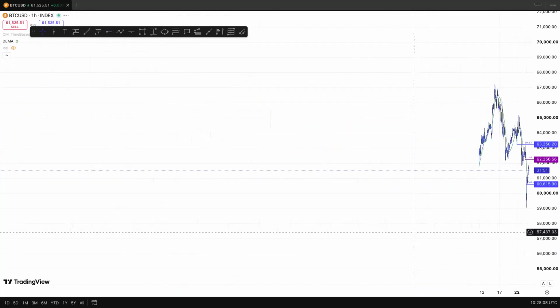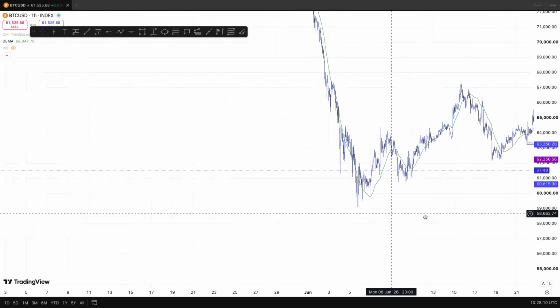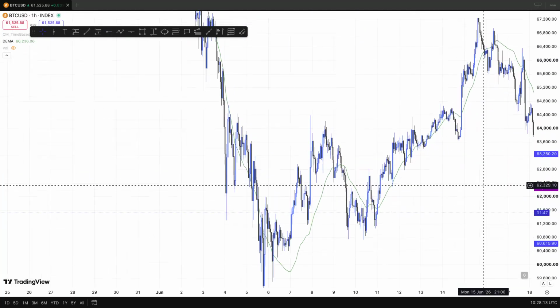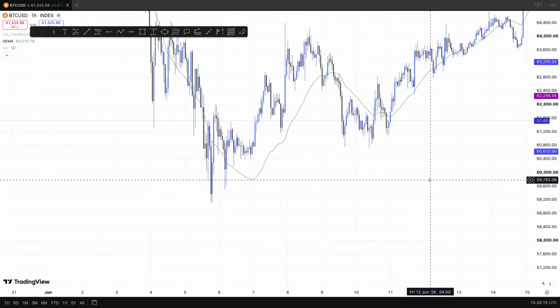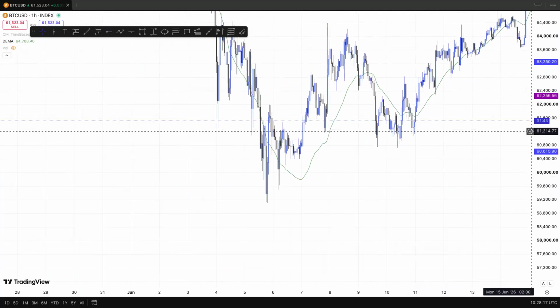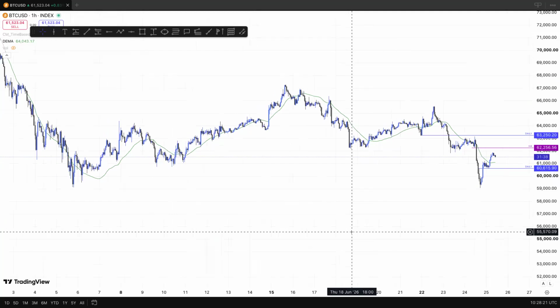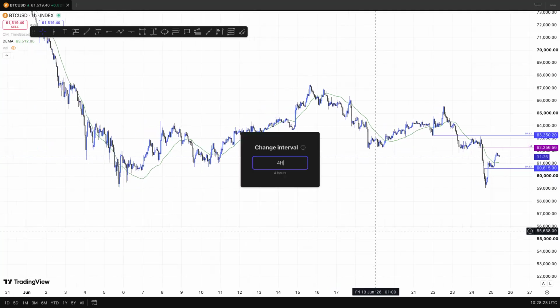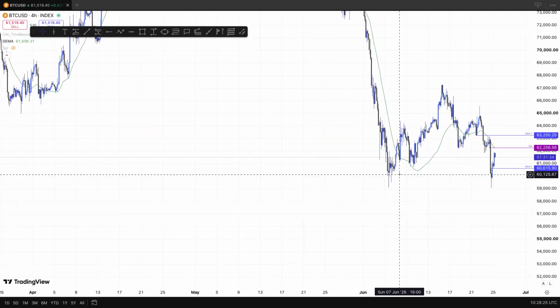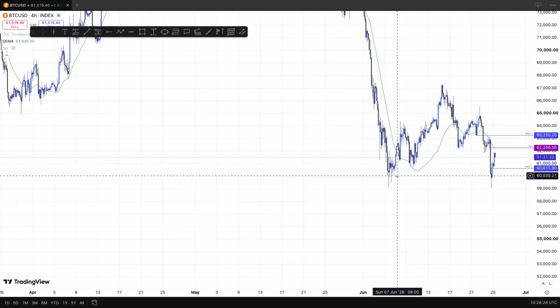Let me see if price found a demand here. I don't know if it will be on this time frame or used.